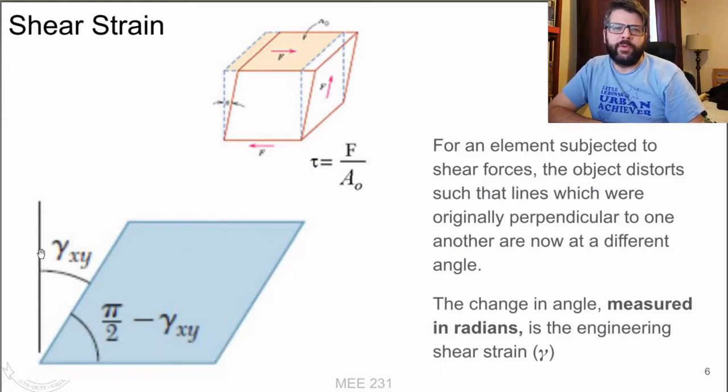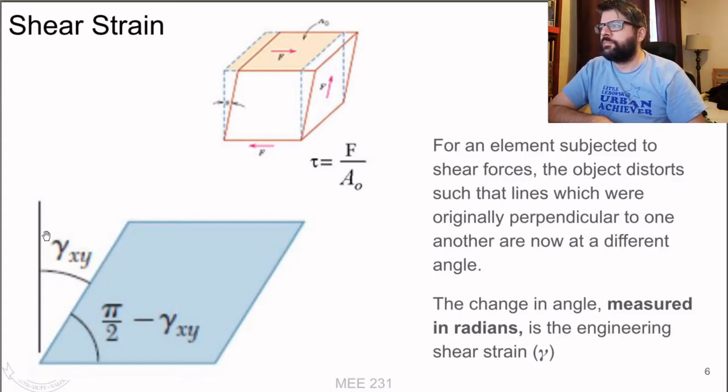So this was originally a right angle, and now its new angle is going to be pi over 2 minus this here. So again, we're worried about the change in the angle, so our shear strain is going to be that value there.